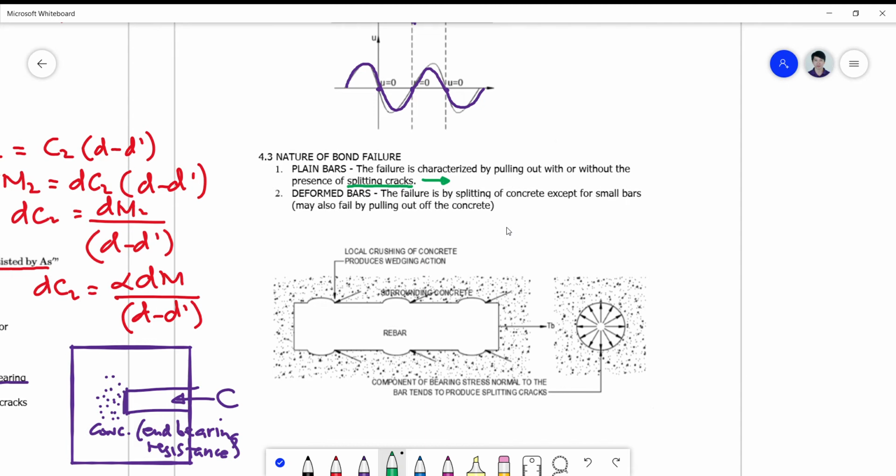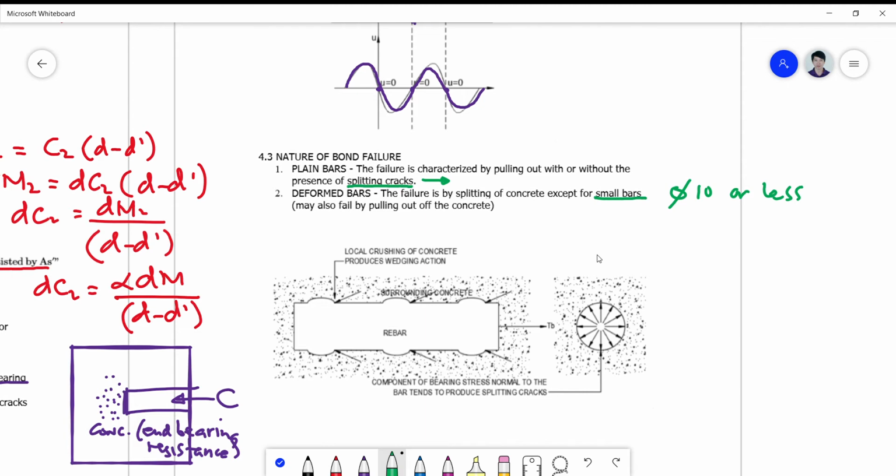It may also fail by pulling out of the concrete, but that is considered for very small bars, like your diameter may be 10 or less. But for fairly larger bars like 12, 16, 20, etc., the deformed bar fails on splitting.